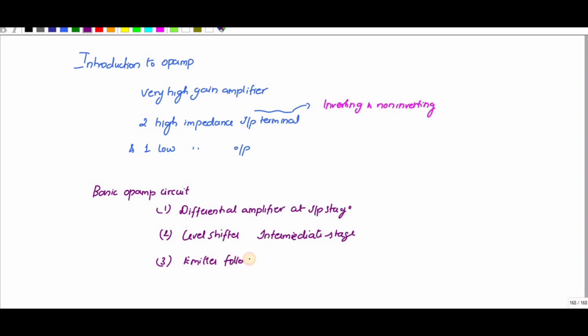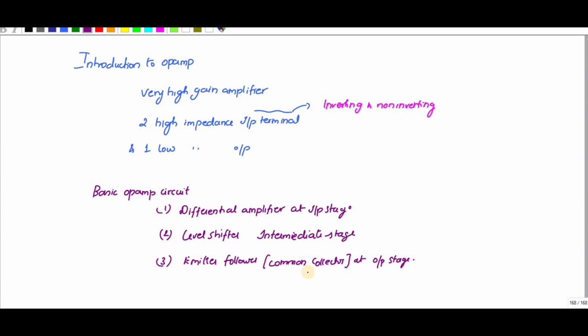What is an emitter follower? It is nothing but a common collector at the output stage.